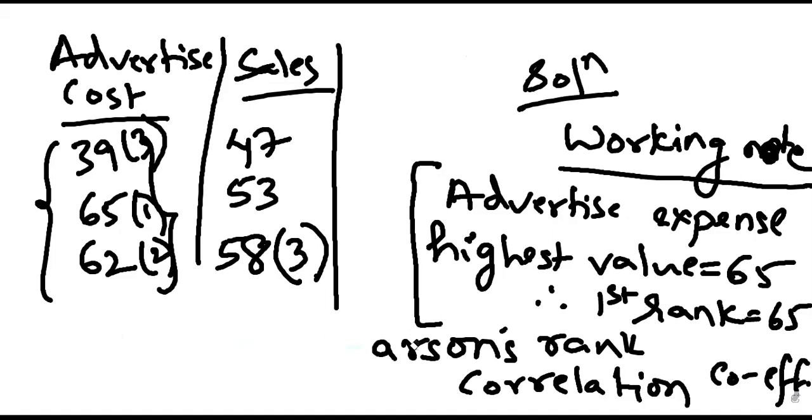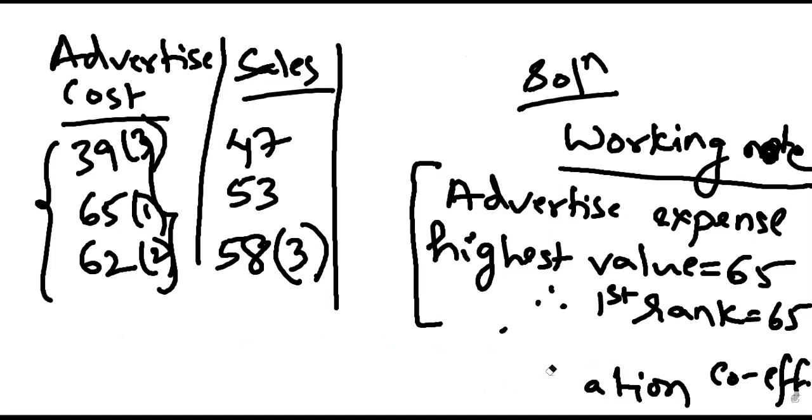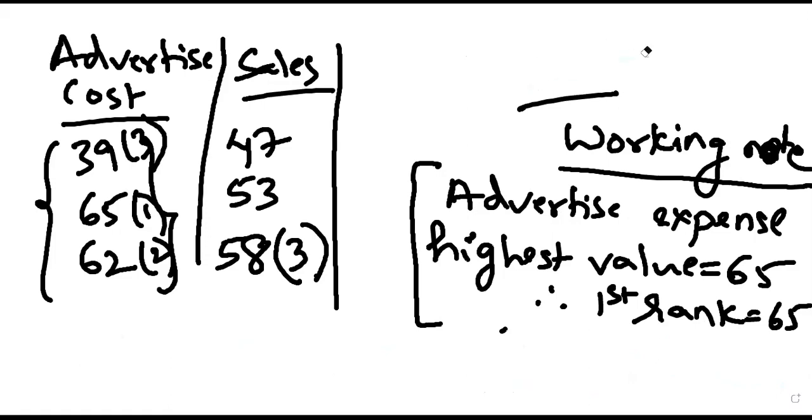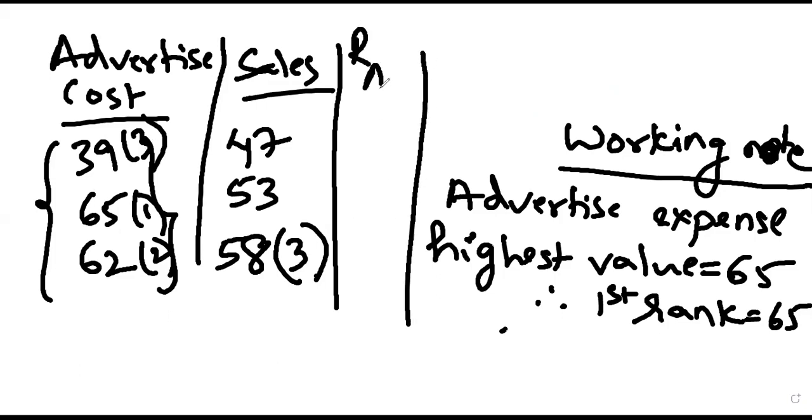Similarly, we have to rank the sales column. Just make note of this working note. The highest value in advertising expense is 65. Therefore, the first rank is equal to 65. Once this is done, the next column is the rank for advertising.